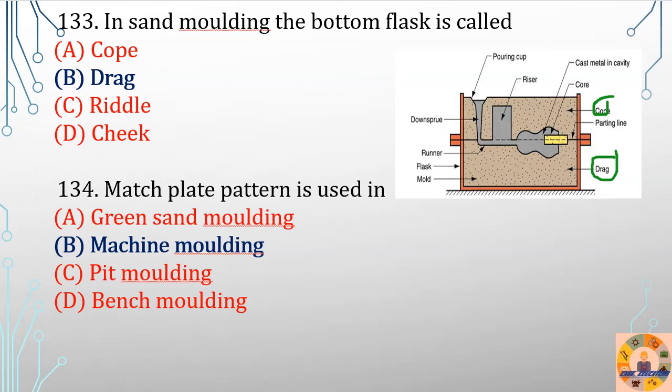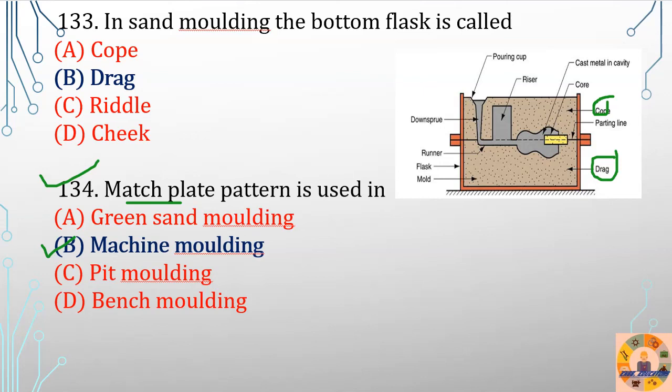Okay, next question, 134. Match plate pattern is used in machine molding. So match plate is used where rapid production of small and accurate castings is desired on a large scale. That is where match plates are required. On large scale production it is necessary.